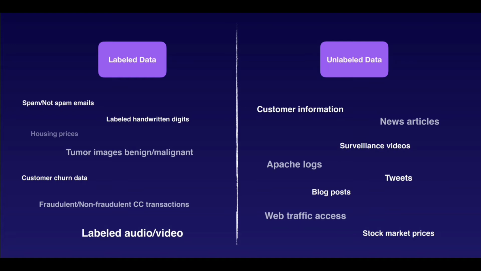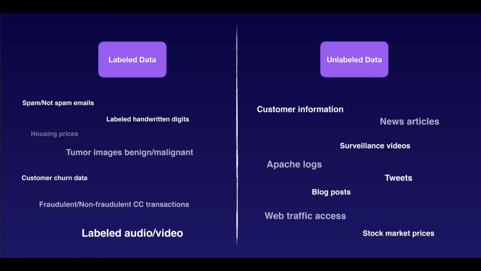Looking at data about fraudulent or non-fraudulent credit card transactions, and also looking at labeled audio and video data. For instance, is the video stream of a person or is this audio file of a dog barking? If the video or audio stream has a tag associated with it, then that would be labeled data.